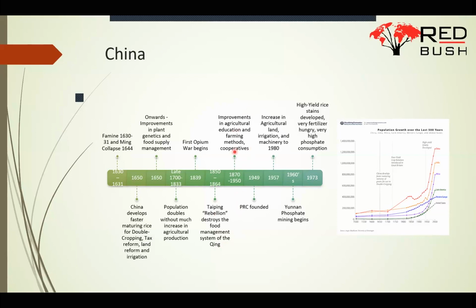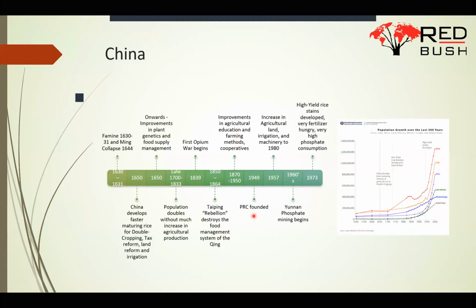So something similar to what's happened in Europe in the 15 and 1600s. But they never get to a point where they've got a lot of fertilizer production. After the PRC is founded, they look at all of this. Food is a big issue.